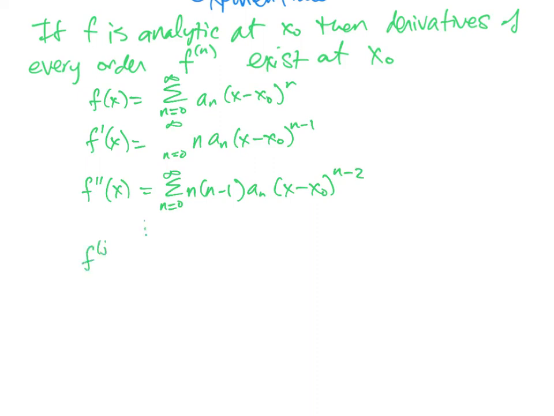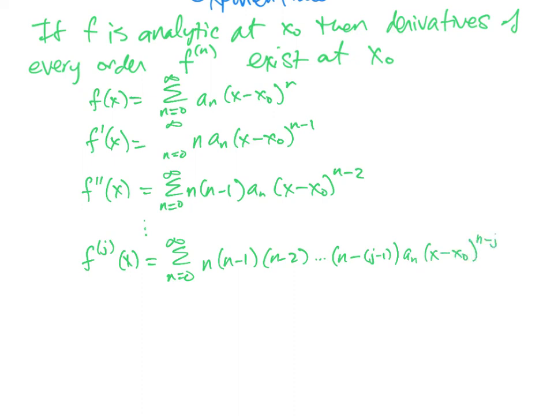So if we take our jth derivative of f, we end up with the sum of n times (n minus 1) times (n minus 2), yada, yada, yada, down to (n minus j plus 1), times a_n (x minus x naught)^(n minus j).